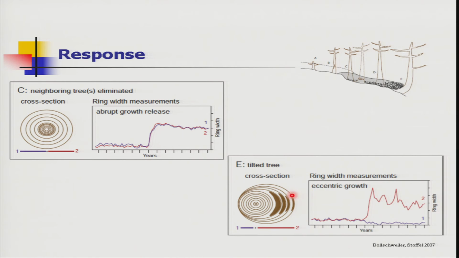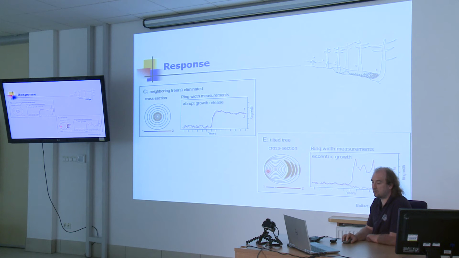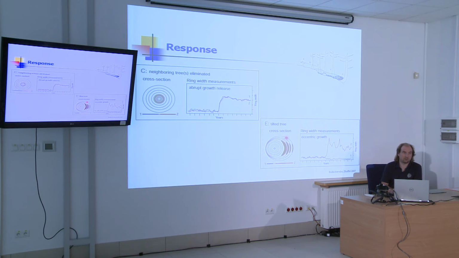Tilting of the tree may end up with structures like eccentric growth, so on one side of the stem we observe wider rings than on the other. And also reaction wood, the wood which is of a different color and different anatomical features than the so-called normal wood.